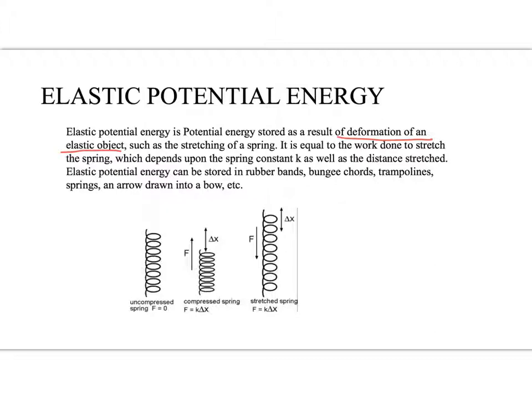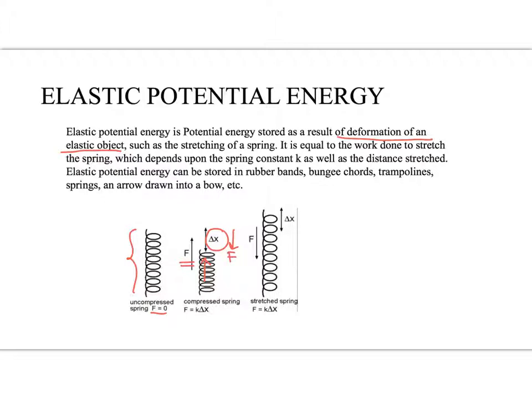So you see here that we have an uncompressed spring. There is no force. When the spring is compressed with a distance of x, you apply a force F, and the spring applies a reaction force F equal to your force but opposite in direction.